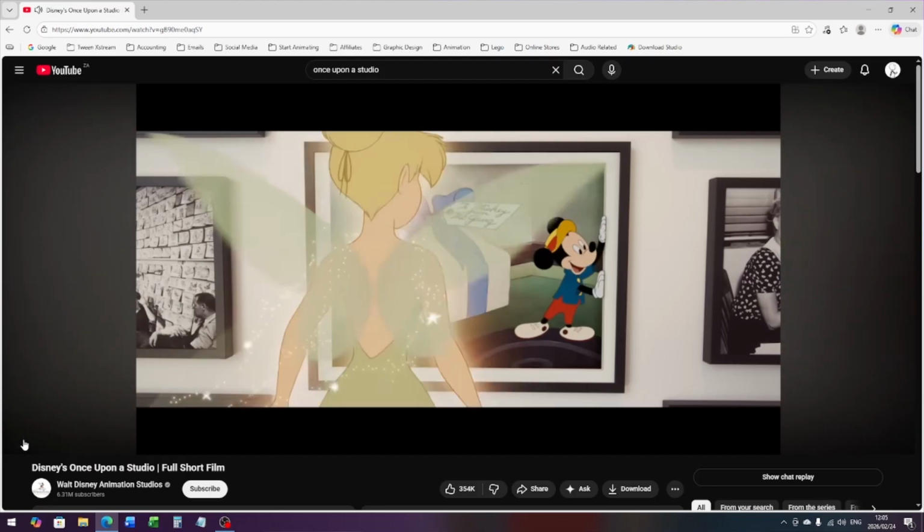Okay, so the first thing I've noticed is when Tink flew in, she didn't just fly in through the corridor to the painting where Mickey is. She flew around, so that created a lot of arcs in her movement.